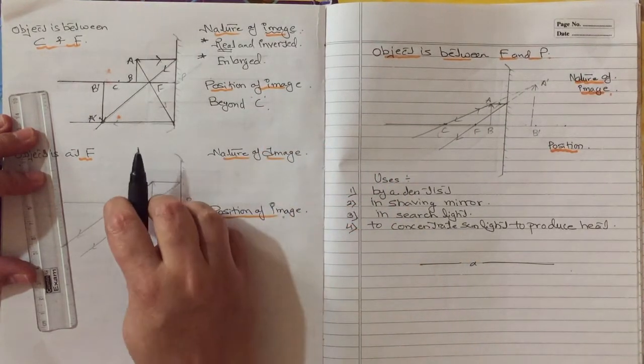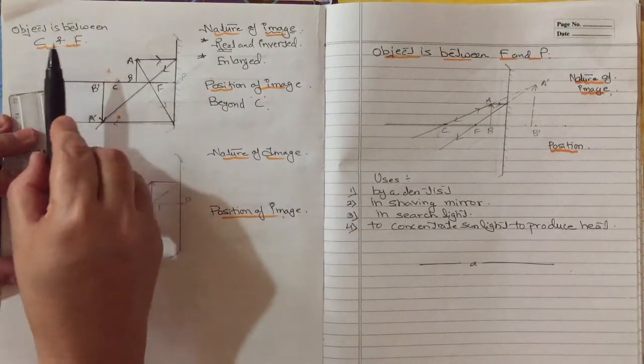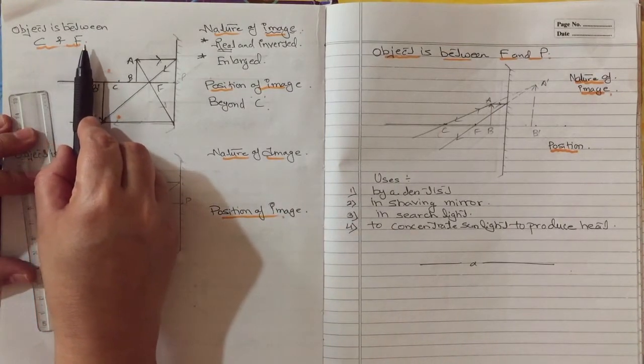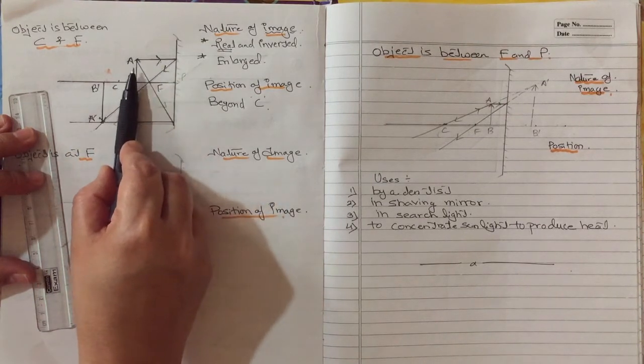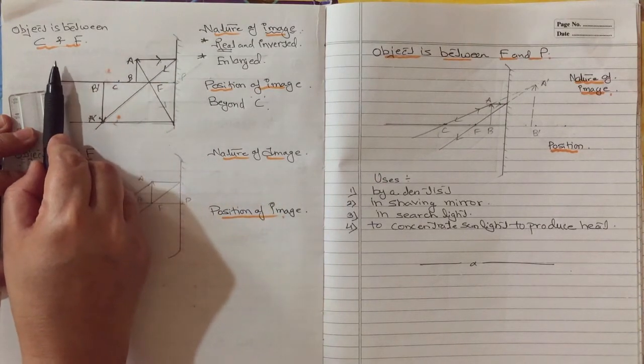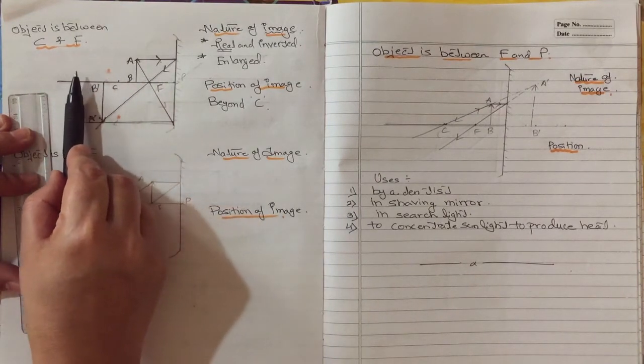Clear? So as you can see in these 4 diagrams, when the object is coming towards the mirror, the images are going away from the mirror. The position of images are formed far from the mirror.